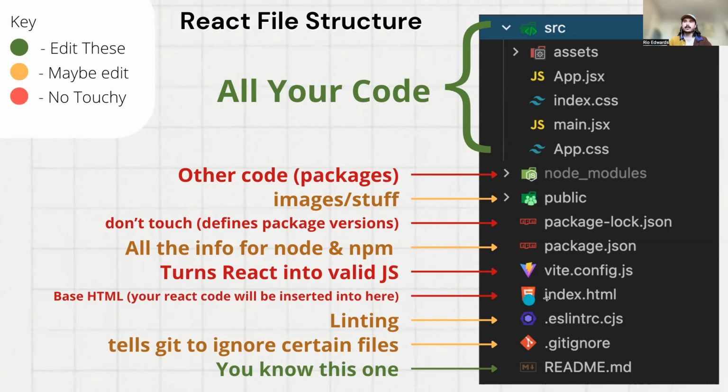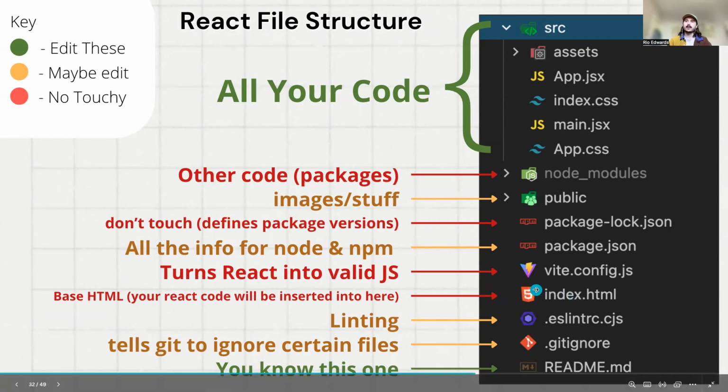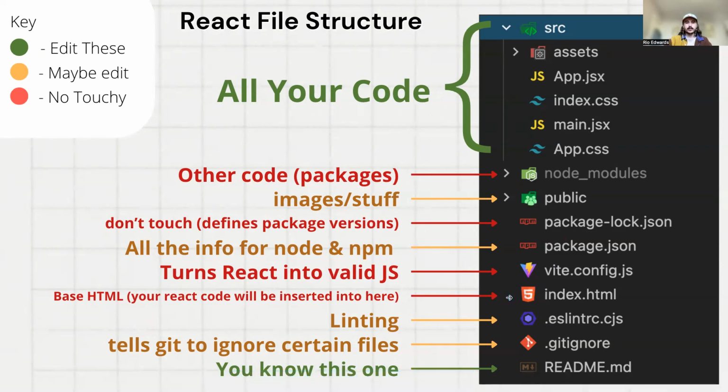Your index.html is basically, at the end of the day, when you want to ship your React code, your React code just needs to reach the browser at some point. It will end up needing to be included in an HTML file.